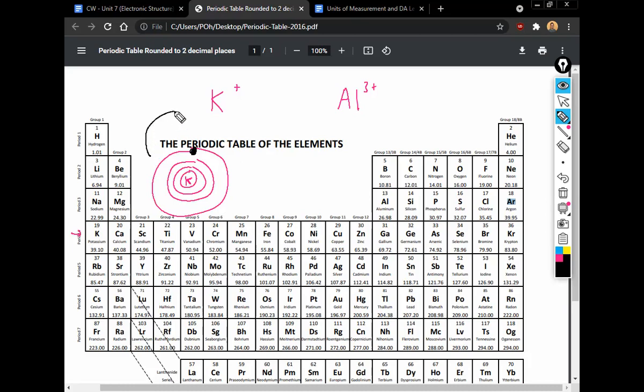So when we go from K to K+, we lose 1 electron. We said that potassium only has 1 valence electron. So if we get rid of the valence electron, do we have anything in that valence shell? No. So if I have nothing in that valence shell, that means that 4th shell disappears. Now the 3rd shell becomes the new valence shell.